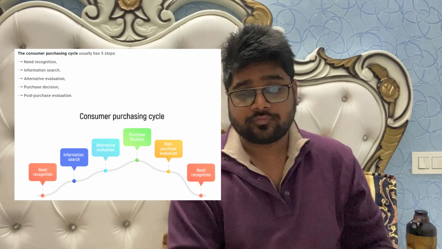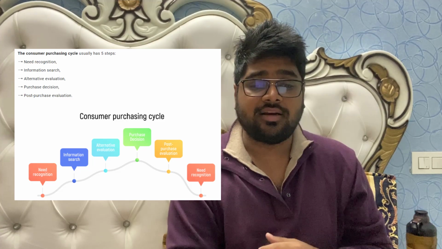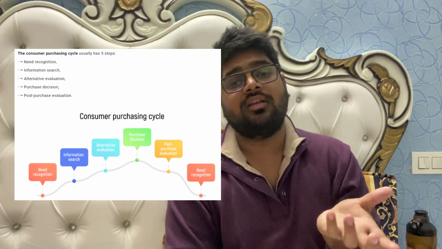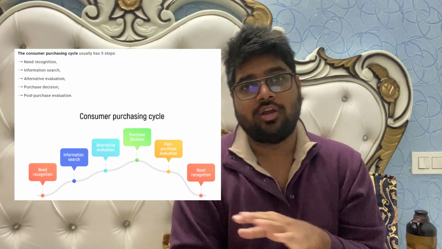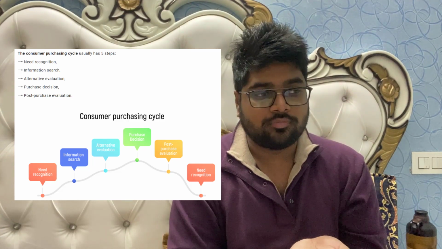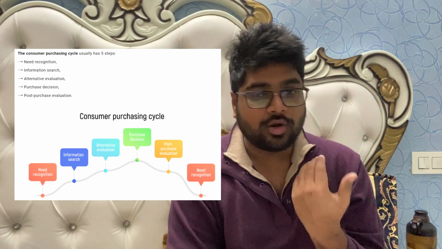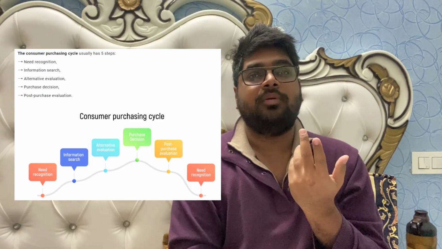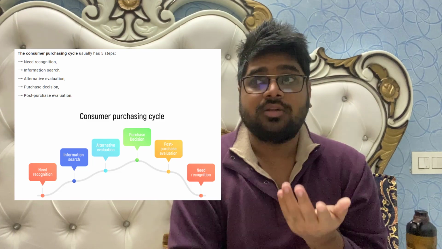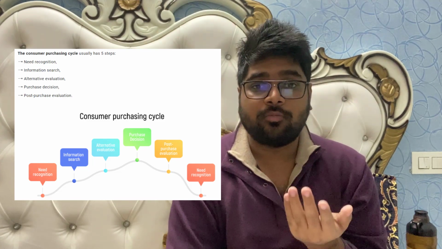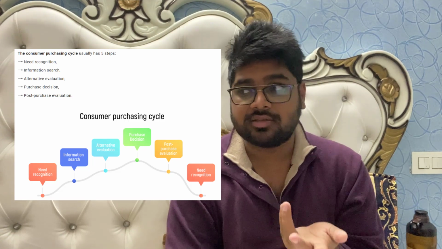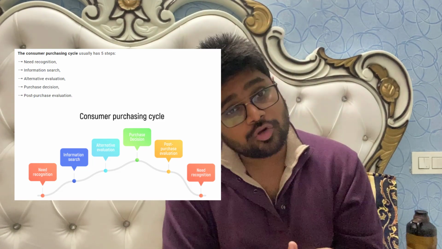That is how the importance of a particular product or service is decided in the mind of the consumer. Once he has decided that, okay, I need this product for this purpose, then he will start searching for information. The first thing that people usually do is go on the internet, then they go on company websites, people go on public forums, they collect information from previous owners and recent owners of that particular product, what the reviews are, they check out reviews on YouTube.